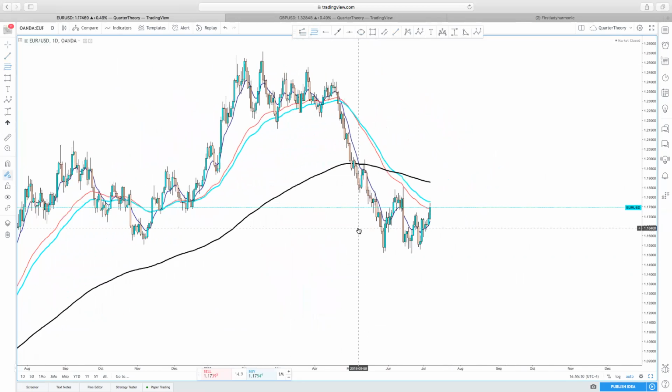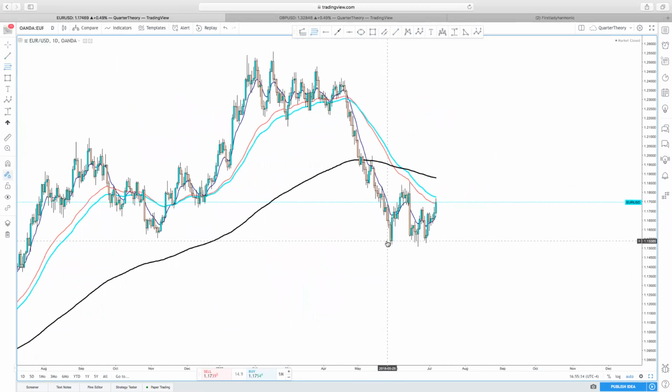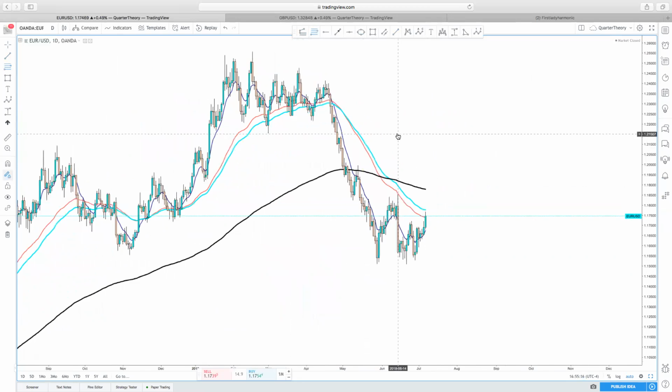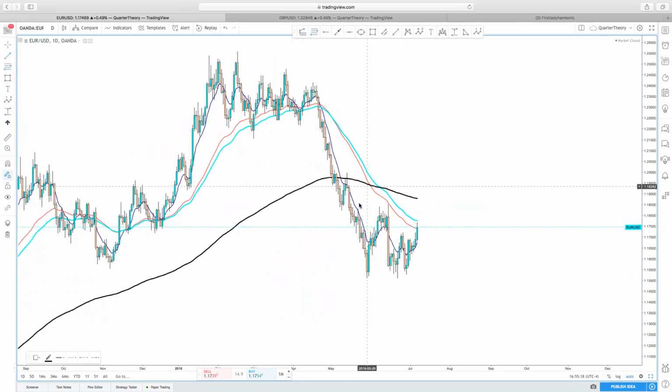And again, you may be wondering, well, why did I choose this instead of this whole leg? I could have chosen the whole leg. But remember when we spoke about in the previous videos that if there's been a break of a previous low, this becomes a valid impulse leg, right? So this is a valid impulse leg the same way this whole leg is a valid impulse leg as well.